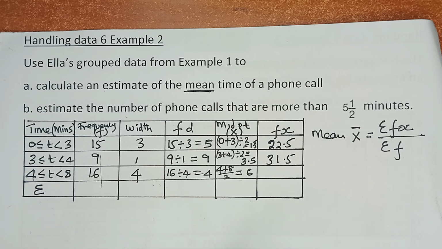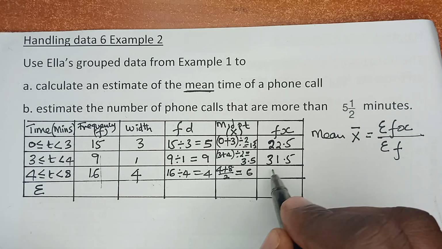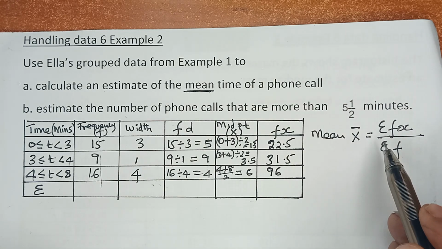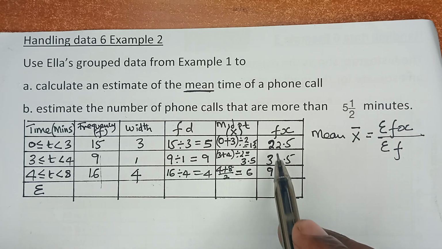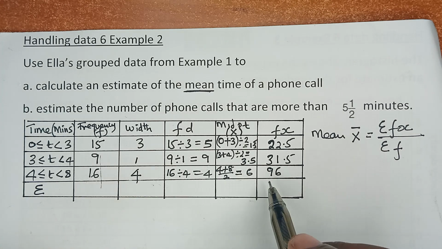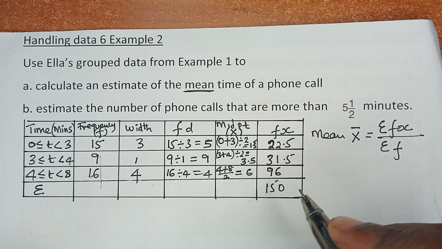And the fx for the third class is 16 times 6, which is 96. And because we are talking about the sigma, we have to have the sum of all this, which is 22.5 plus 31.5, that is basically 54. 54 plus 96 is 150.